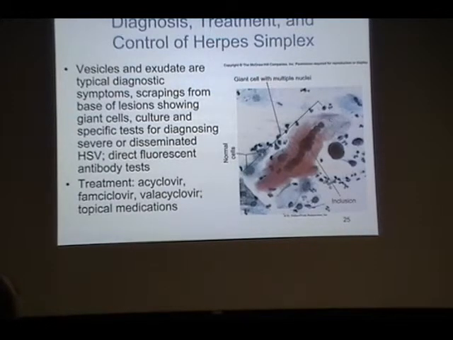This is how they typically look under the microscope. But right now, we don't do this anymore because there are so many diagnosis tools available, molecular or immunological technology. We can make a diagnosis within seconds or minutes.